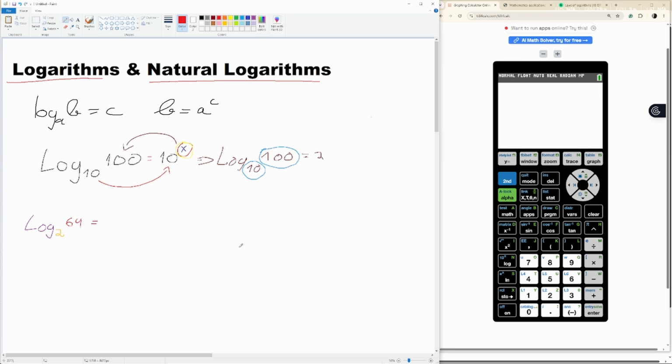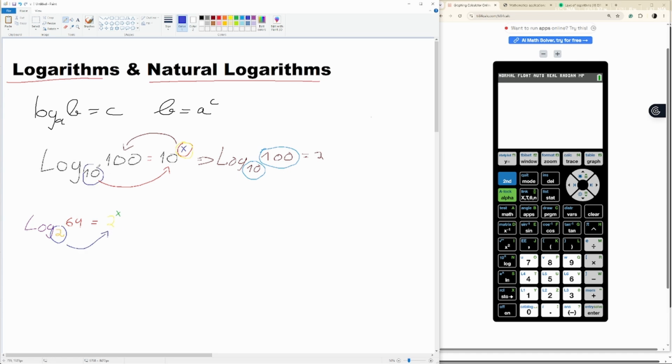Of course you can plug it into your calculator, but in order to get actually good points on your IB exams, you want to understand how the logarithm machine per se works. So you can imagine that it's 2 to the power of what? 2 is always the base. The base goes here.